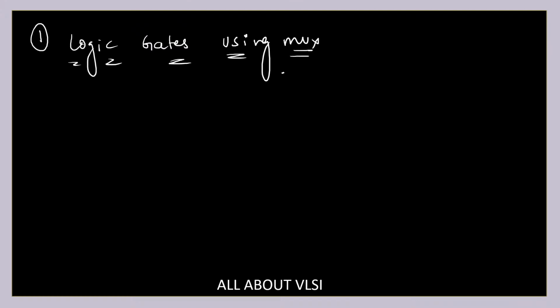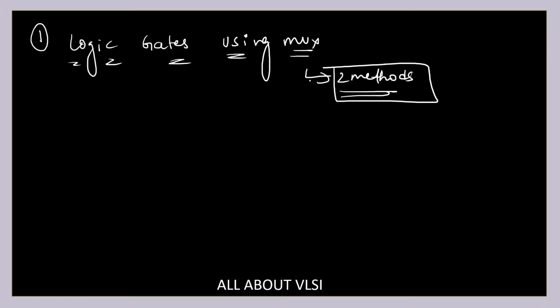Here we have two methods for implementing it, and I will show you both methods for implementing these logic gates using a multiplexer. The second type of question is implementing flip-flops using multiplexers. We haven't discussed flip-flops yet, so I'm not going to touch this concept now.